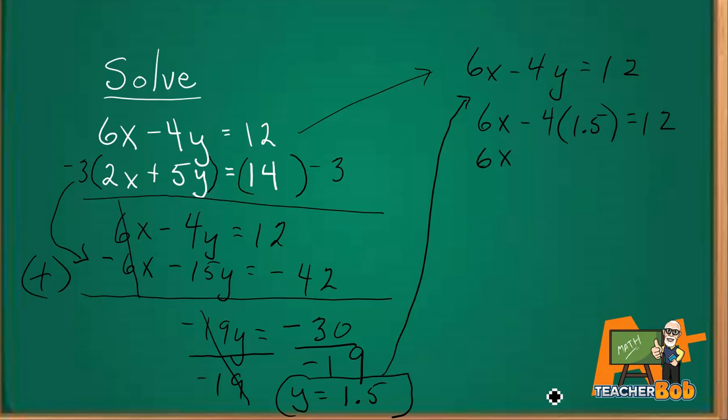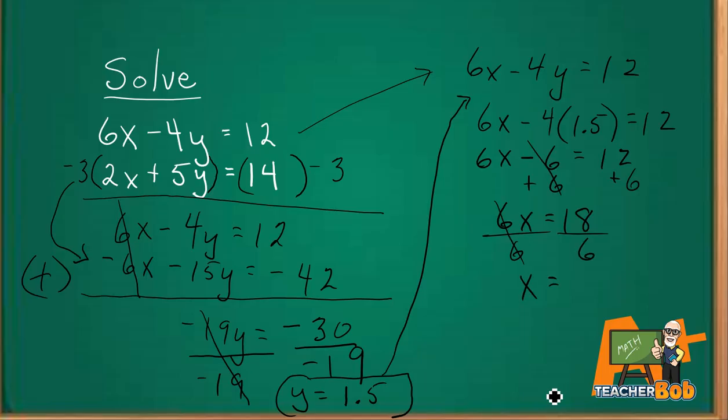So 6x subtract 6 is equal to 12. Get rid of the constant, which is a number by itself, with an opposite operation. So we end up with 6x is equal to 18, and we want to isolate the x. So divide by 6, do that to both sides.